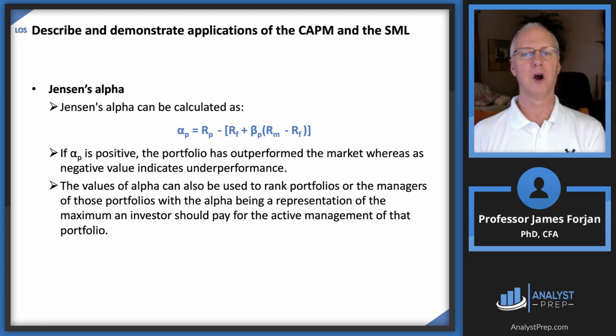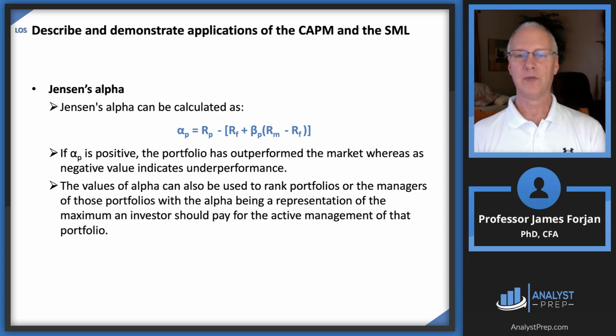RF plus RM minus RF times beta. That looks an awful lot like the capital asset pricing model. So inside of those brackets is what we can call the expected return on that individual stock or that individual portfolio. And so what we're really doing with Jensen's alpha is taking the return on the portfolio, the actual return on the portfolio, the realized return on the portfolio, and subtracting the expected return.